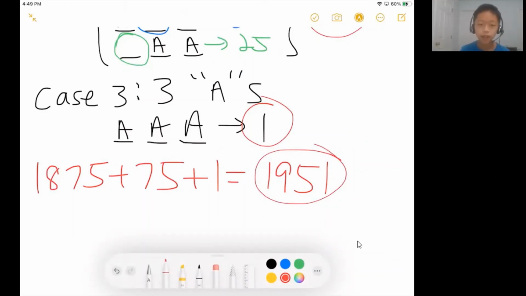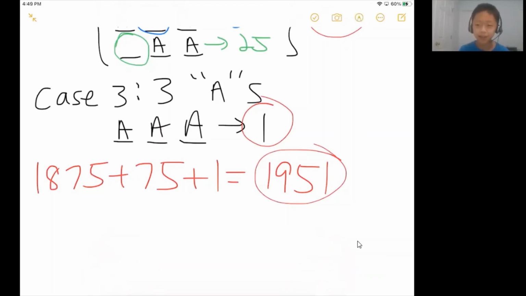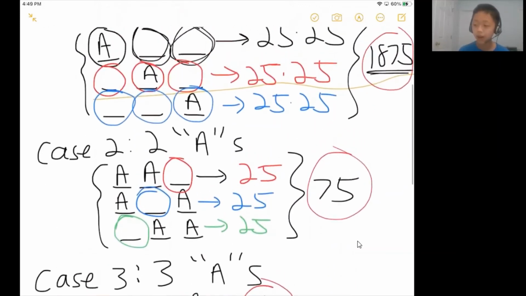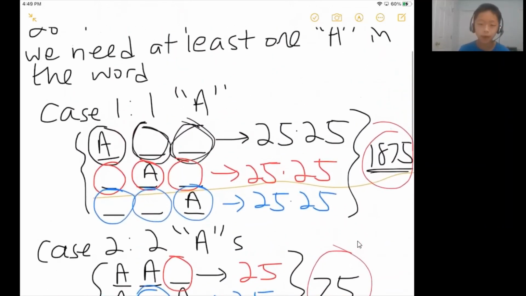And just another note, we might talk about this later, but there's actually an easier way to solve this question using something called complementary counting. When a question in combinatorics asks for at least 1 A in the word, we're not going to go into depth on complementary counting right now because our main focus is casework, but just in case you're curious, what you could do is note there are 26 times 26 times 26 total words, disregarding the condition of at least one A, then subtract off how many of them have no A's at all.